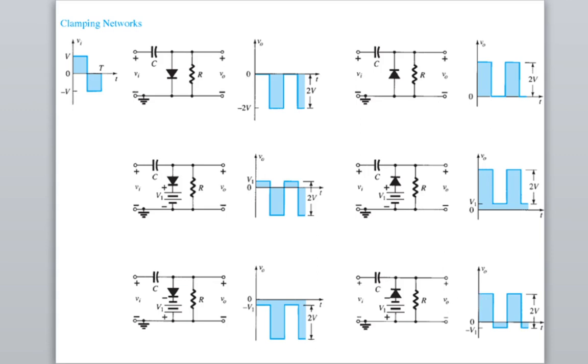In this lecture I have covered the clamping circuit.